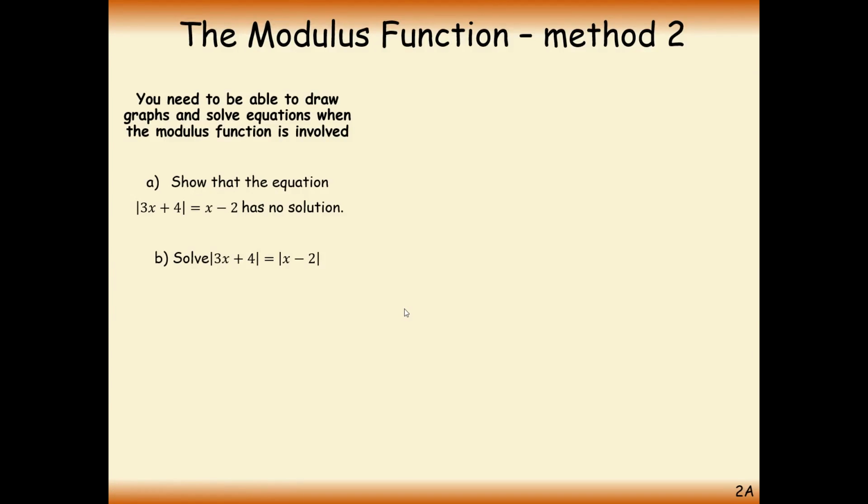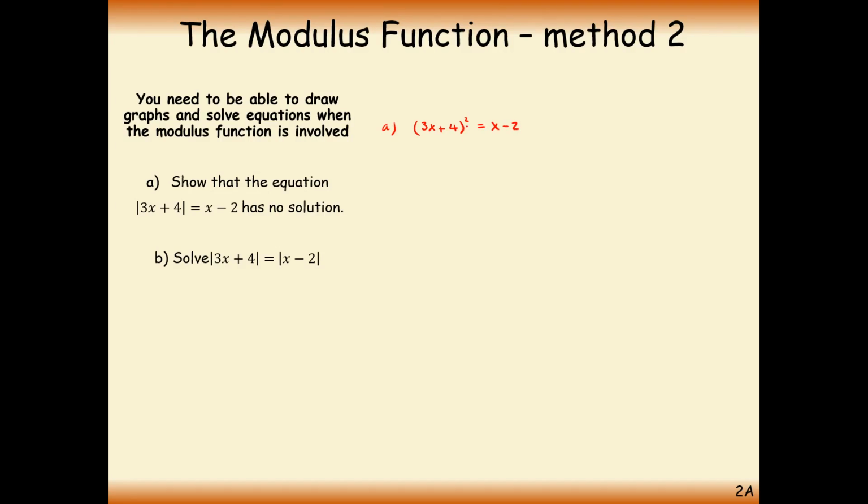In this first question, we've been asked to show that this equation does not have a solution. So what you can do every time you see a modulus function is think of it as a square bracket. So we could write that as 3x plus 4 inside the square bracket being equal to x minus 2.